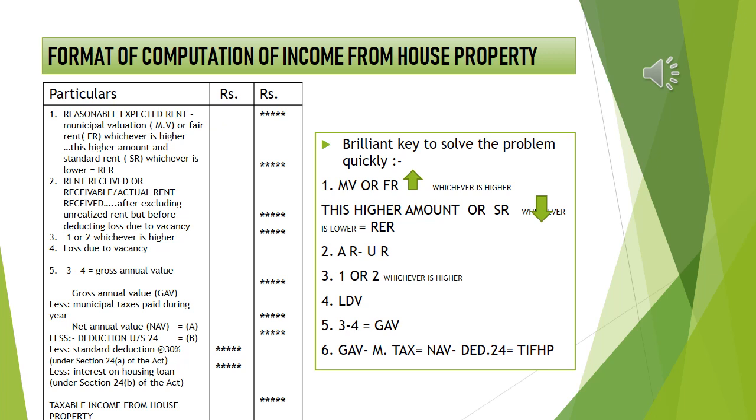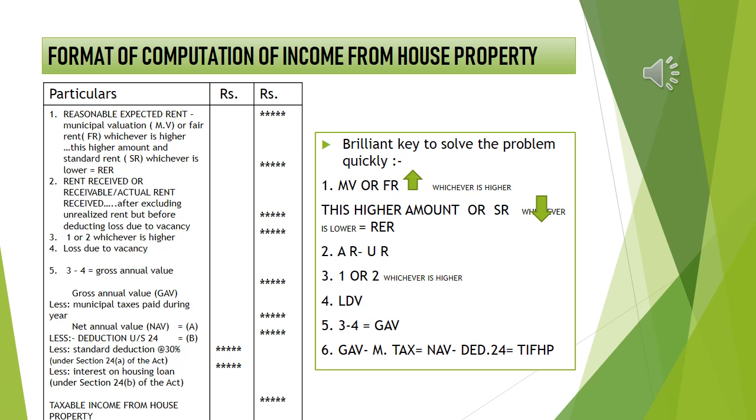Next, fair rent, FR. It is the rent which a similar property can fetch in a similar locality if let out. Next, standard rent. It is the rent fixed under the Rent Control Act. Students, the owner of house property cannot expect or demand more rent than the standard rent.